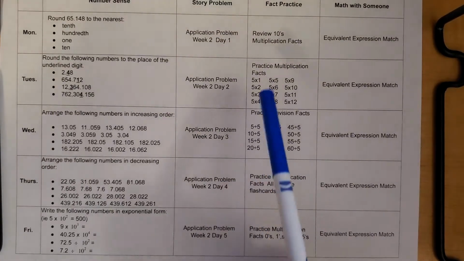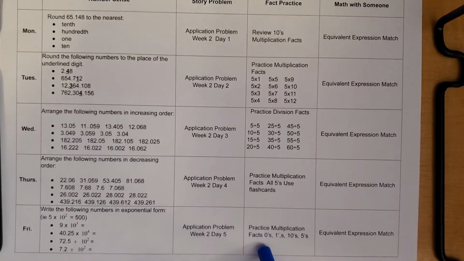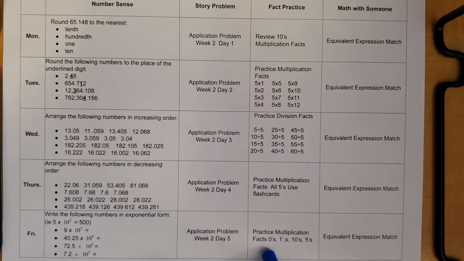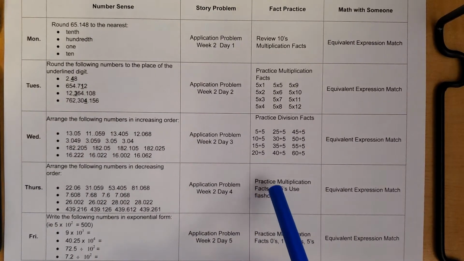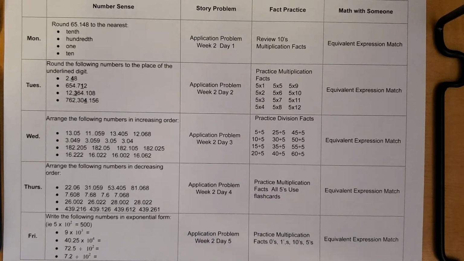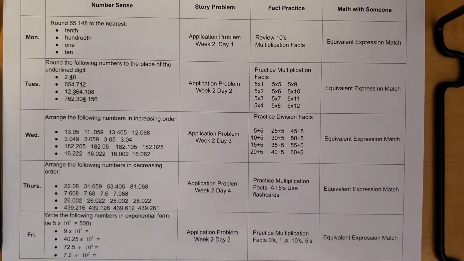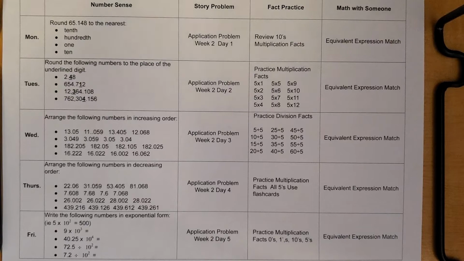I know I don't normally ask you guys to turn this in, but remember, when you go to 6th grade, just like in 5th grade that a lot of you figured out, knowing your facts is the number one way to help yourself out in 6th grade. It'll save you a lot of pain and misery, so be practicing those facts. And then today you can also do that equivalent match game. Make sure that you're playing that because that is your job for tomorrow.